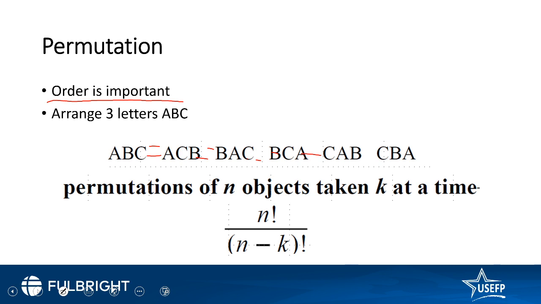The formula for the permutation is nPk. n is the total number of objects and k is the objects taken at one time. So in this ABC, there are 3 objects. So it is 3P3, as we are arranging all 3 of them together.